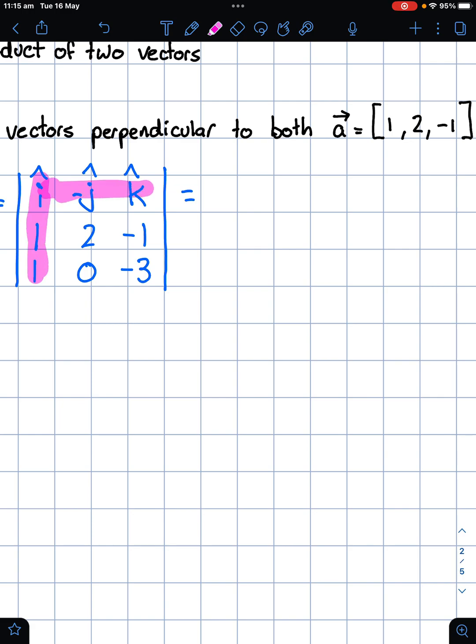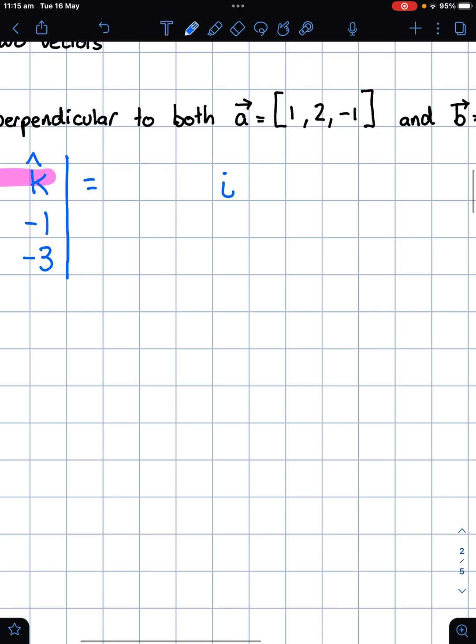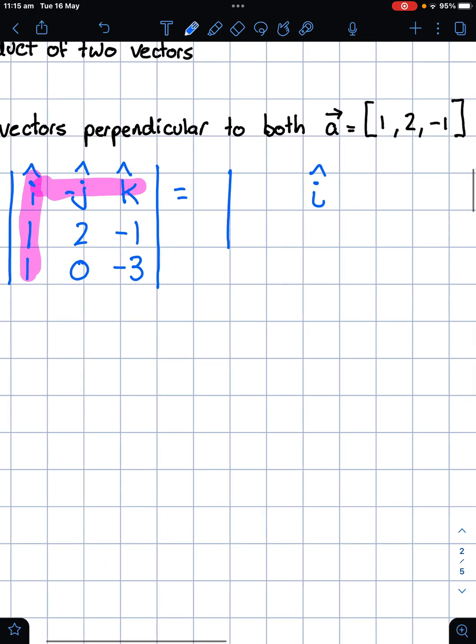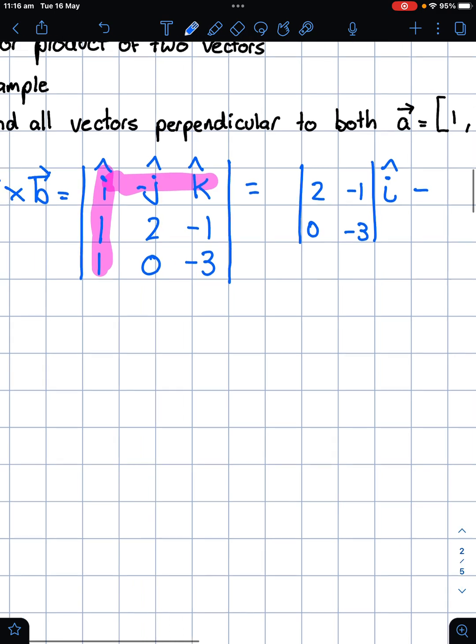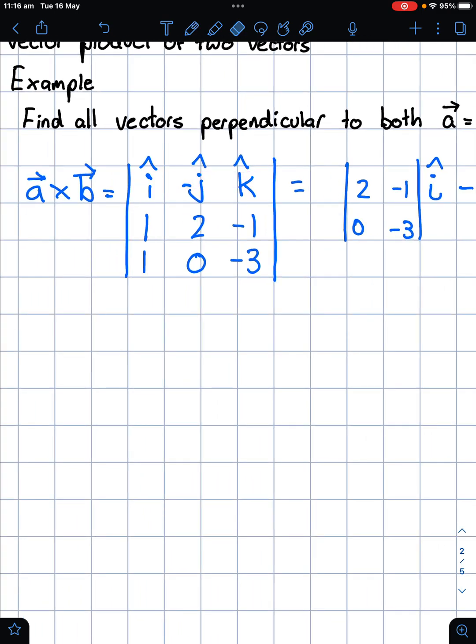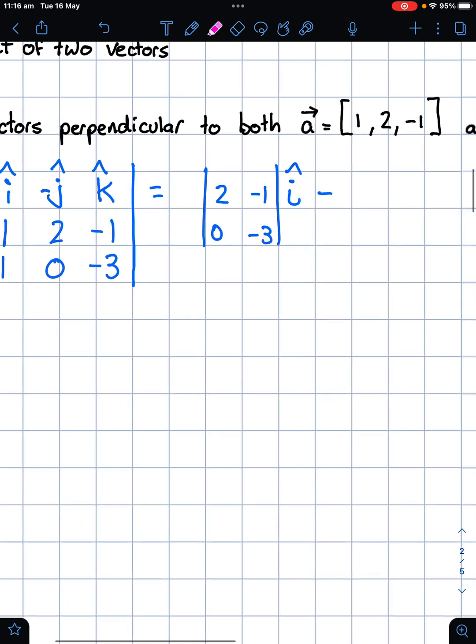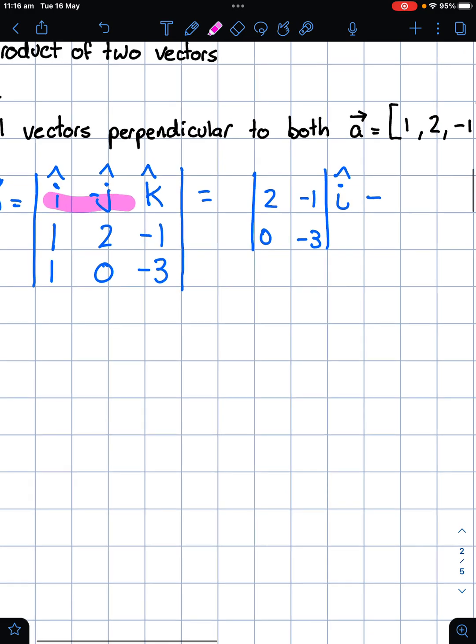We're going to cross out this vector and this vector. So we're left with I with a hat. And we're going to find the determinant of 2, -1, 0, -3. Then we've got minus. We're now looking at the J vector, so I've done the minus there.